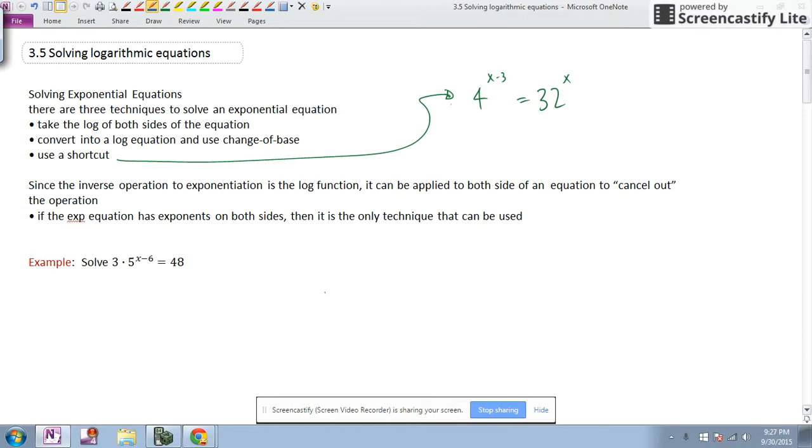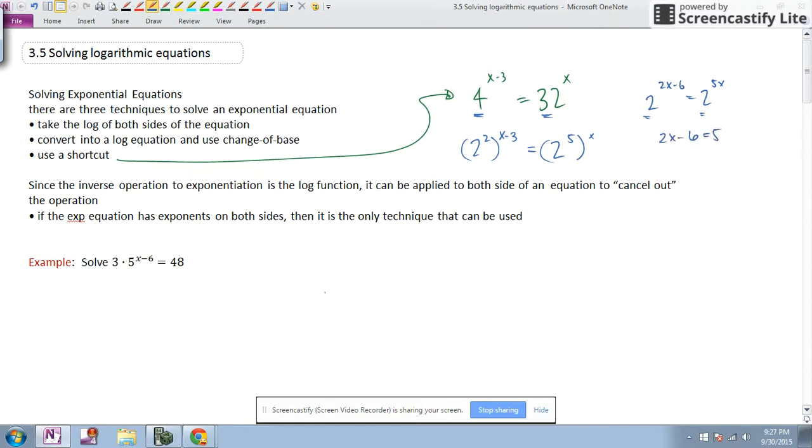I drew an arrow over here and said, you'd have to notice on this problem that these are both 2 to some power, like 4 is 2 squared, and 32 is 2 to the 5th, right? And if you notice that, then you would rewrite this problem as 2 to the 2x minus 6 is equal to 2 to the 5x. And when you have the bases the same, then their exponents must be the same.